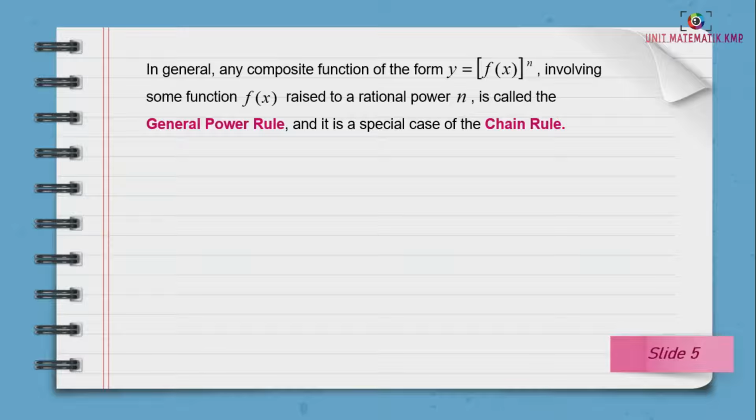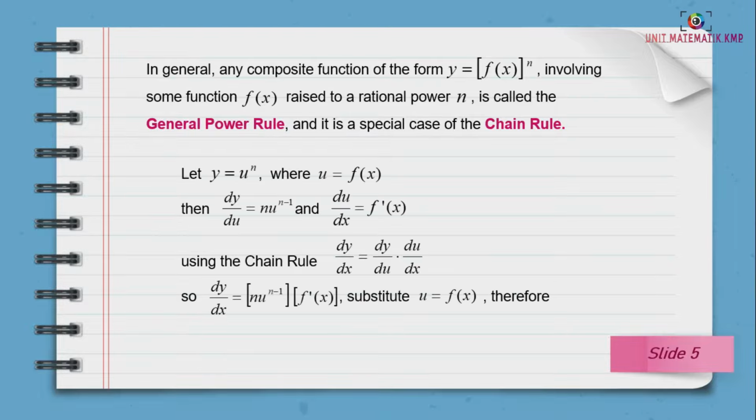In general, any composite function of the form y equal to [f(x)] to the power of n, involving some function f(x) raised to a rational power n, is called the general power rule. It is a special case of the chain rule. Now, let y equal to u to the power of n where u equal to f(x), then dy/du is equal to n times u to the power of n minus 1.